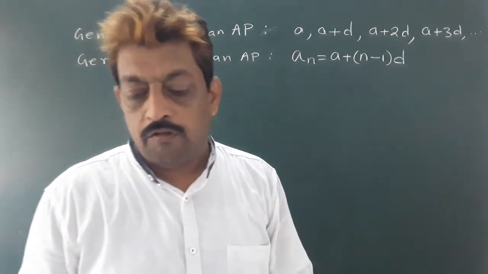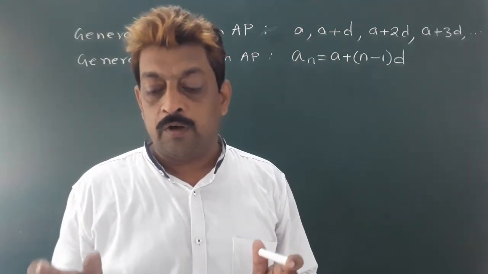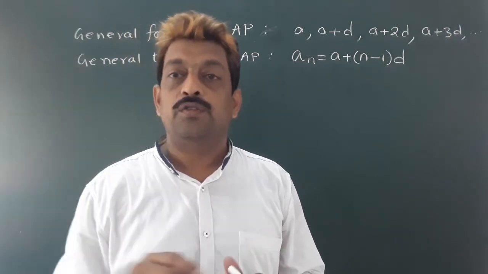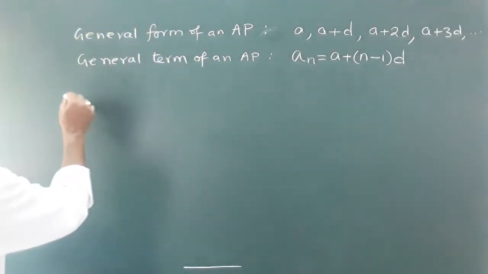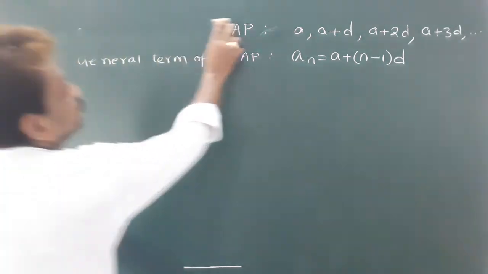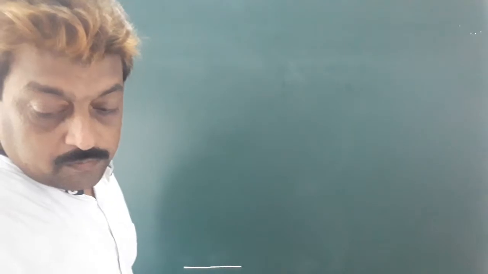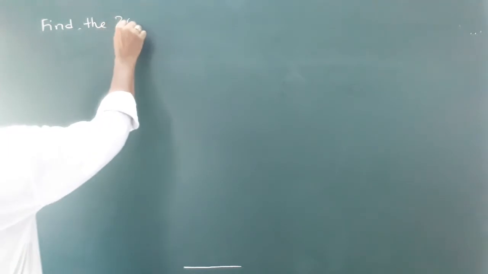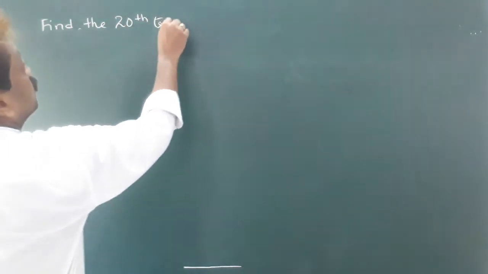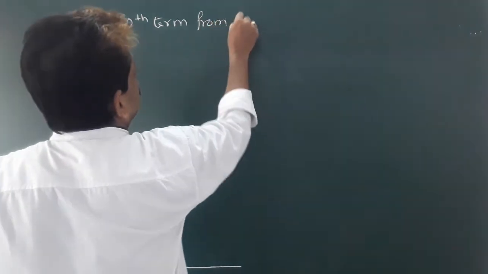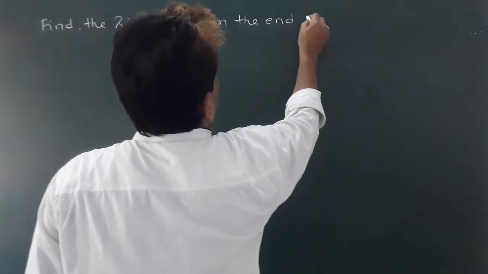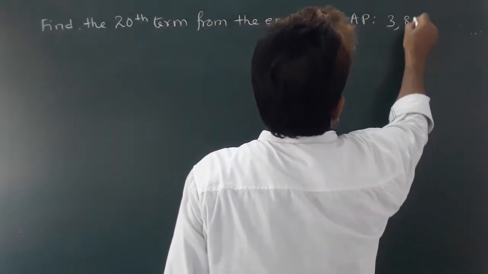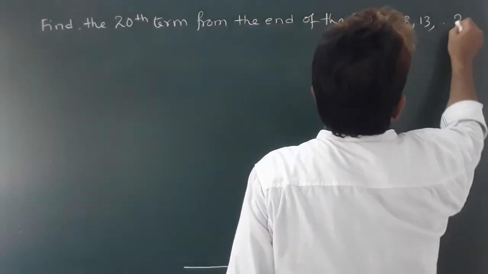The first question is: find the 20th term from the end of the AP 3, 8, 13, dot dot dot, 253.